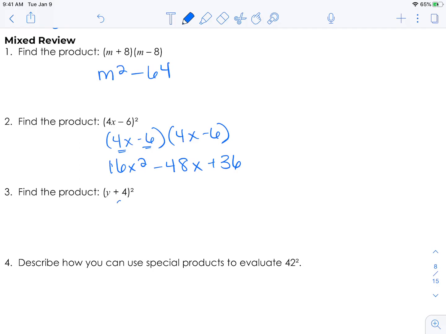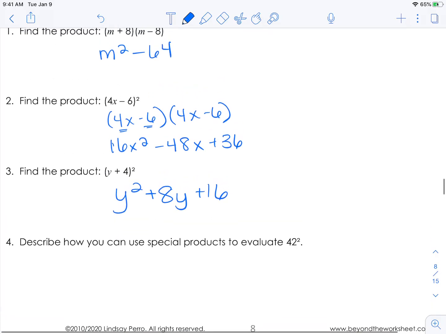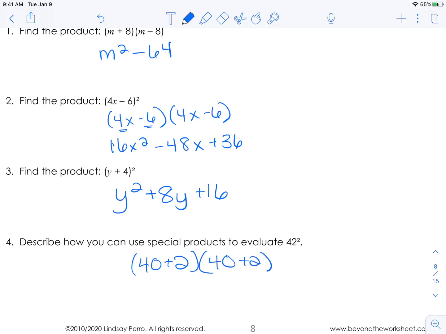Same thing down here, except this time I'm not going to write the whole thing out. I'm just going to say y squared plus 8y plus 16. And then describe how you can use special products to evaluate 42 squared. You would just do 40 plus 2 times 40 plus 2.